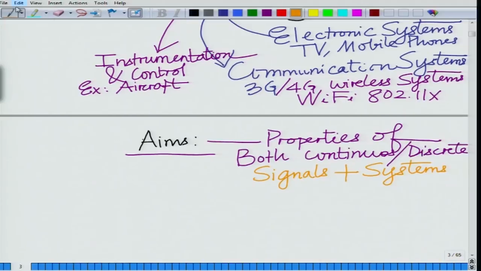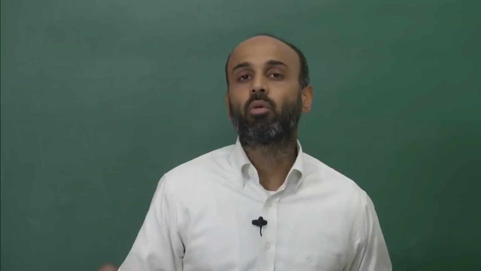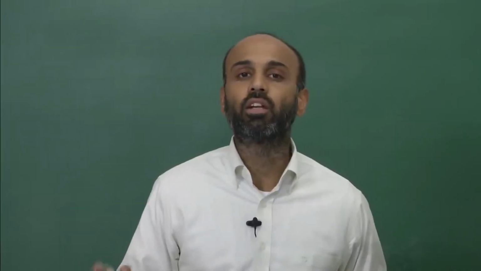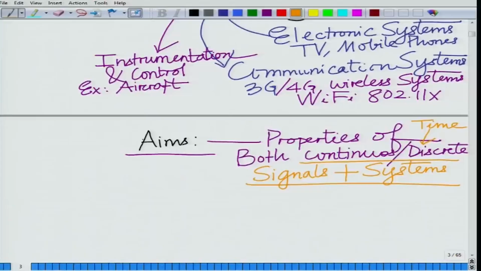Okay. That is the fundamental aim of this course. You look at both continuous as well as discrete signals, continuous and discrete in time. You look at the properties and principles of both continuous and discrete time signals and systems. Okay. Now, let us start with the definition of a signal.